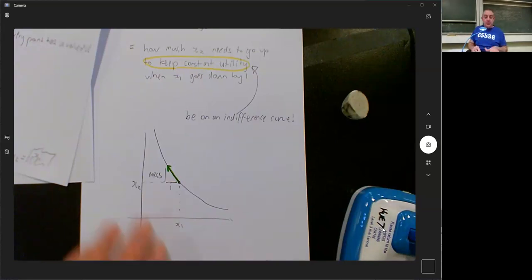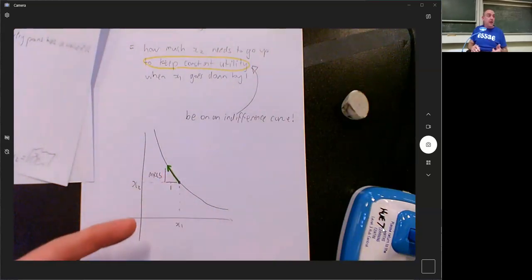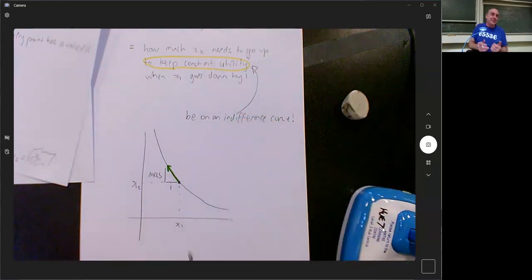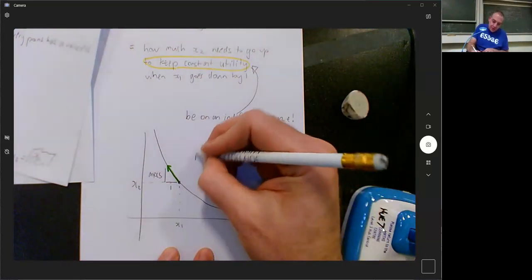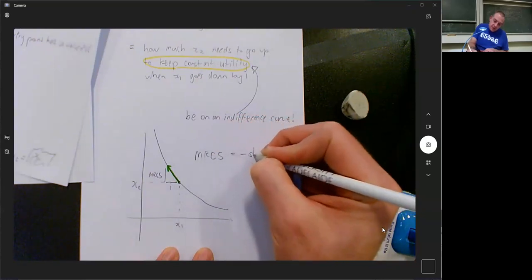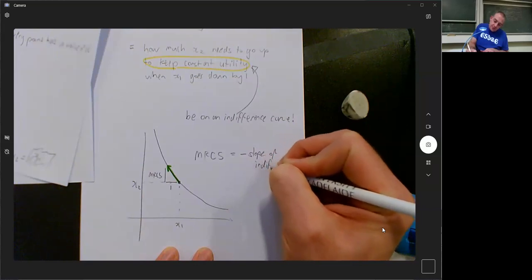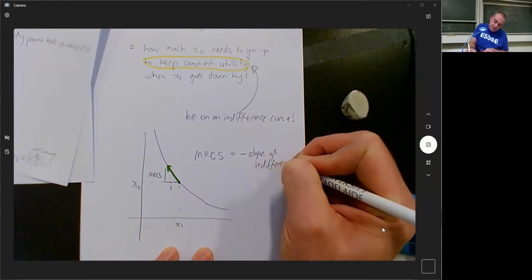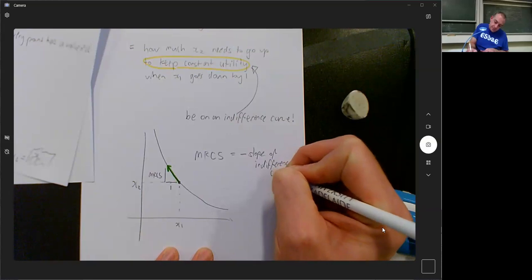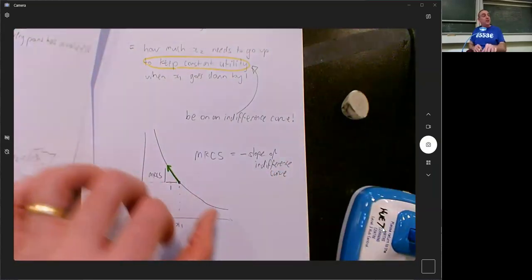Okay, and so that thing is minus the slope of this line. So the marginal rate of commodity substitution is minus the slope of the indifference curve. And that's interesting because it's going to have a slightly different slope at different places.